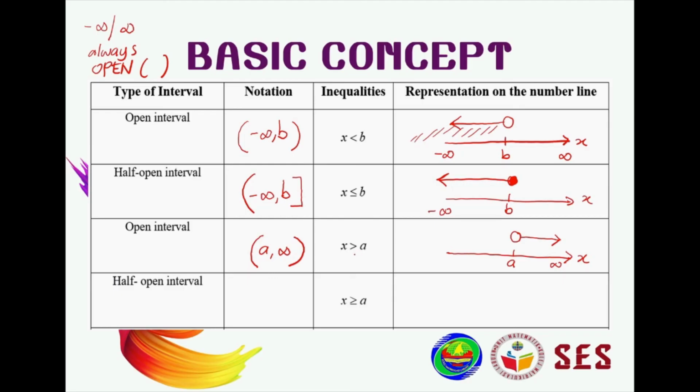Yes, because it has no equal sign. Very good. Next, x greater than or equal to a, because it has an equal sign, hence it is a black circle. Because it is greater, it's going to the right. And for the interval, always an open bracket for infinity, but for a, because it has an equal sign, it should be a closed bracket. Well done, guys.